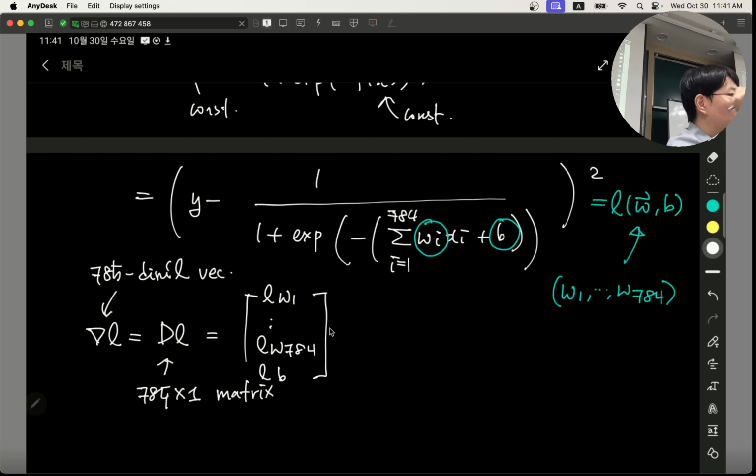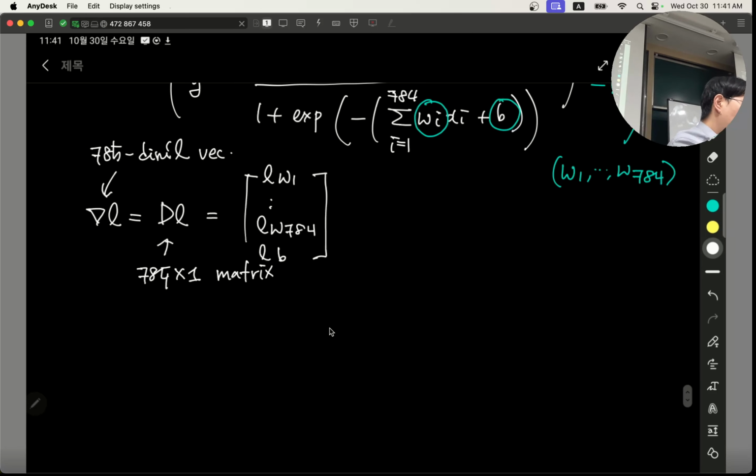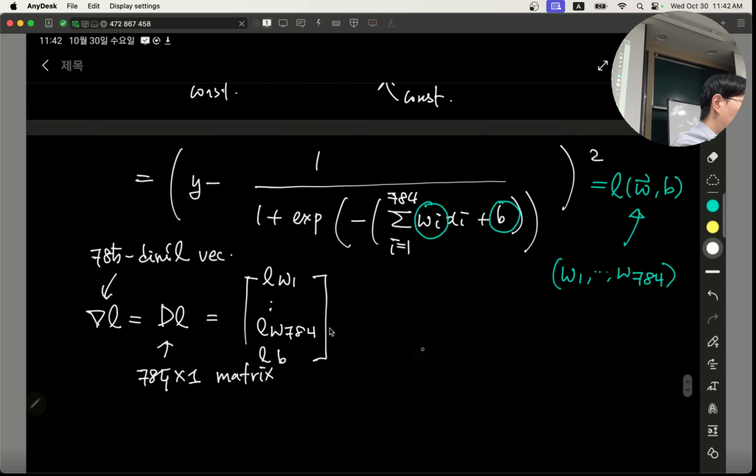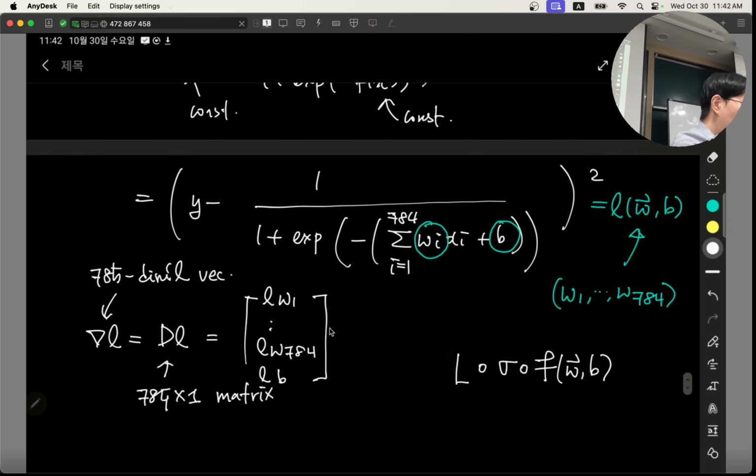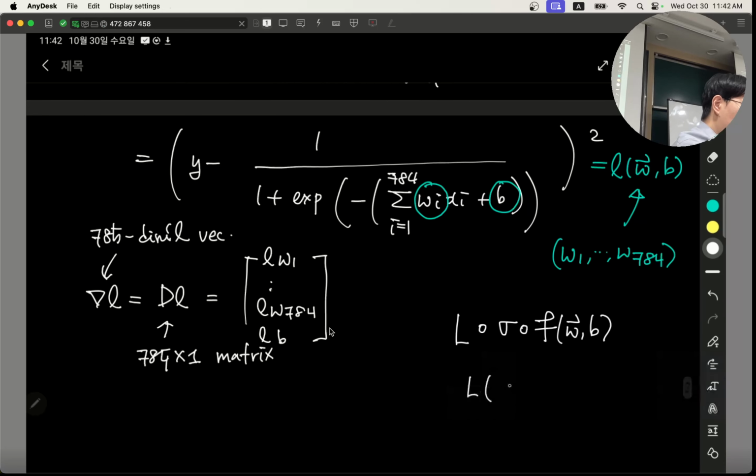So that's where you use the chain rule. Think about L as a composite of several functions. First, you have function f. Now the function f is not a function of x, it's a function of W and B. Then you take the composite with sigma, and then you take the composite with L, where L(z) is (y minus z) squared.